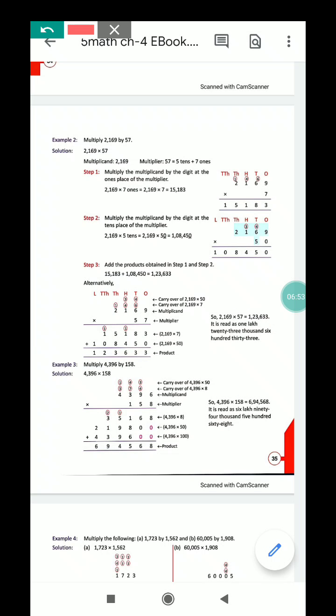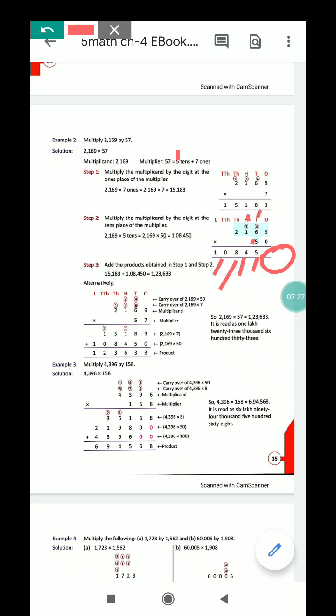In step 2, multiply the multiplicand by the digit at the tens place of the multiplier. What is at the tens place? That is 5. So we will multiply 2169 into 5 tens, that means 50. Simply we will write 0 over here, then multiply: 5 nines are 45, carry 4, 5 sixes are 30 plus 4 is 34, carry 3, 5 ones are 5, 5 and 3 is 8, 5 twos are 10.